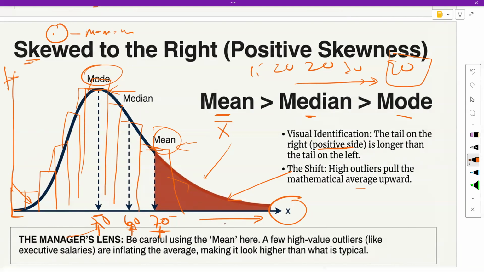So how do managers perceive this? Look at this scenario. Be careful using the mean here. A few high value outliers, like here 90 marks, like executive salaries, are inflating the average, making it look higher than what is typical.